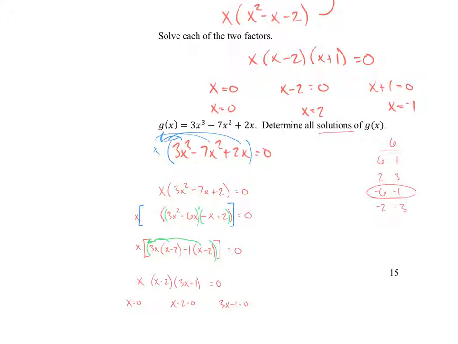So our roots are 0, 1/3, and 2. This one's done. This would end up being x equals 2, and this would end up being 3x equals 1, or x equals 1/3.